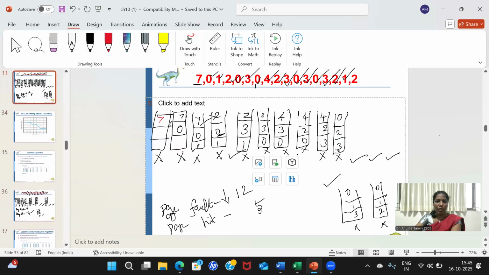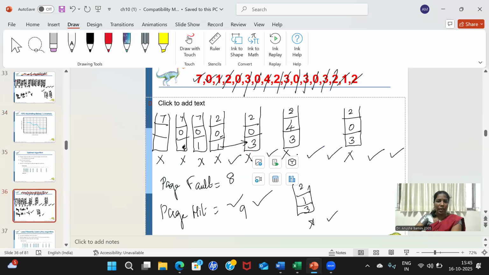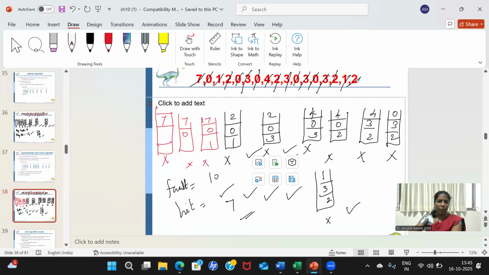For FIFO, we got 12 page faults and optimal 8 page faults. This LRU has 10 page faults. Based upon the priority as well as the process, your operating system will choose the best algorithm, either optimal or the LRU algorithm, to replace the frames.